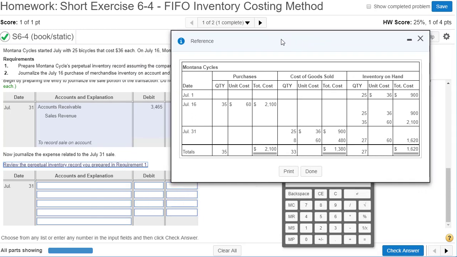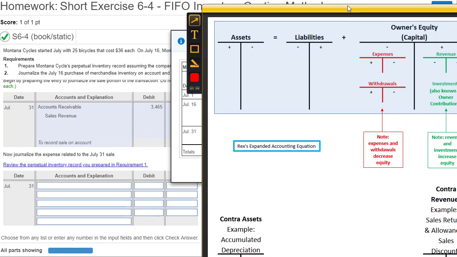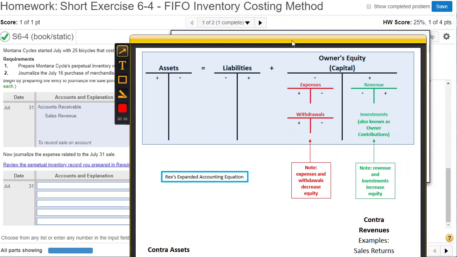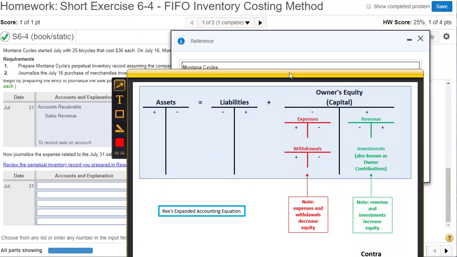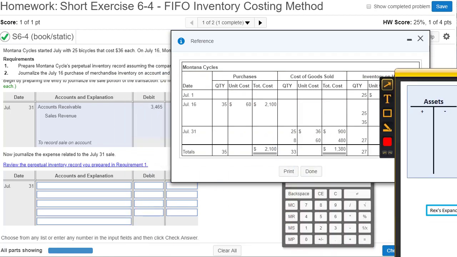So it's asking us, we need to record the expense. So when we are selling inventory, what is the expense associated with the sale? It's cost of goods sold. And for cost of goods sold, which is an expense, do we have more expense or less expense? We have more. So cost of goods sold is the debit.